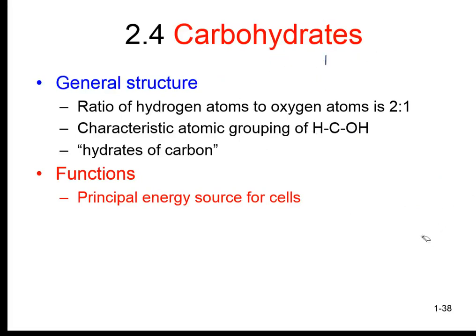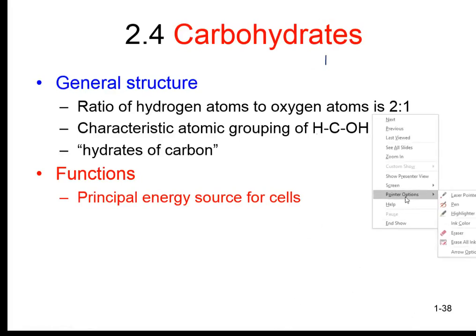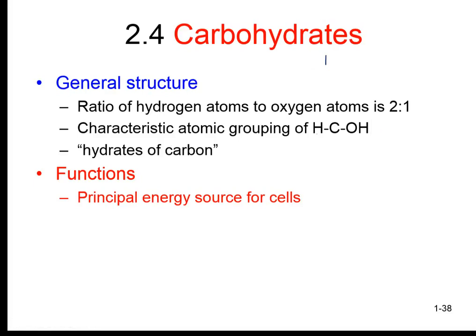So they are the principal energy source for cells. Take note of that function. What is the work of carbohydrates? They are for energy. They provide energy through respiration, the breaking down of food to form energy.